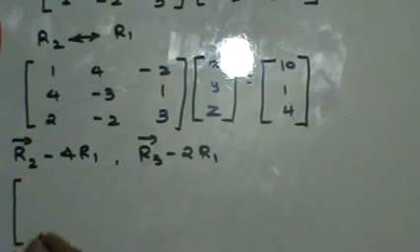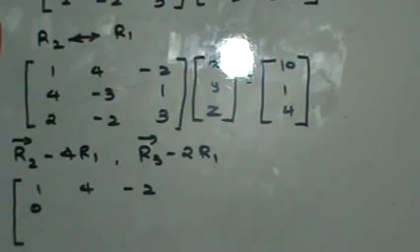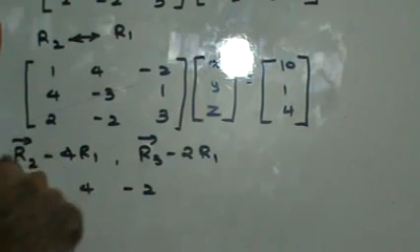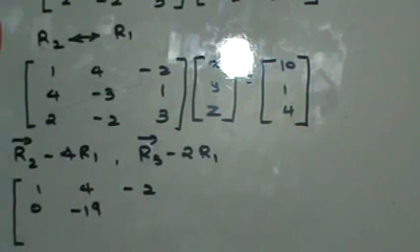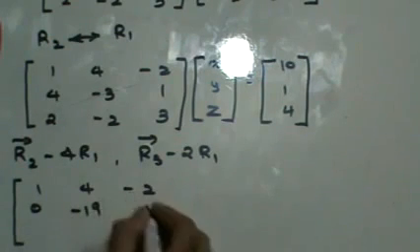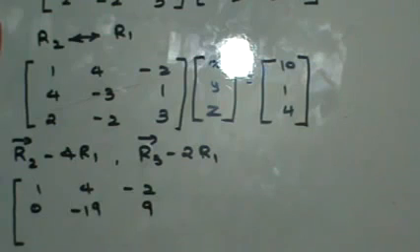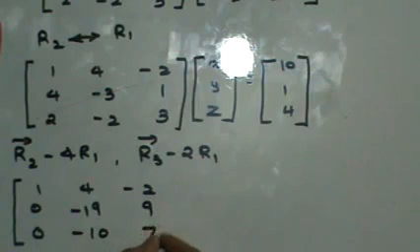So in that case, you will get 1, 4, minus 2. Now this is going to be 4 minus 4, 0, minus 3 minus 16, minus 19, then 1 plus 8, that is going to give you 9. Next, 2 minus 2, 0, minus 2 minus 8, minus 10, 3 plus 4, 7.